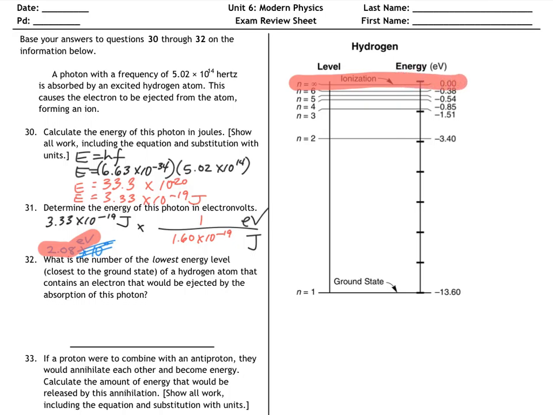So the farthest we can go from there is, it looks like n equals 3, because at n equals 3 you have a negative 1.51 electron volts required to get from n3 to n infinity. And if you went down to n2, for instance, you would need 3.4 electron volts, which we simply don't have. We only have 2.08. So my answer would be n3 is the absolute lowest.